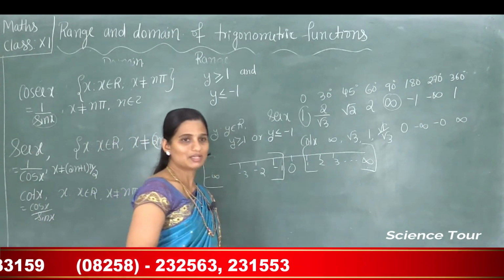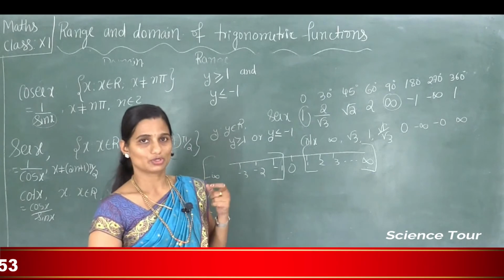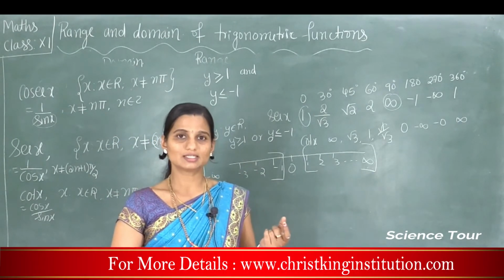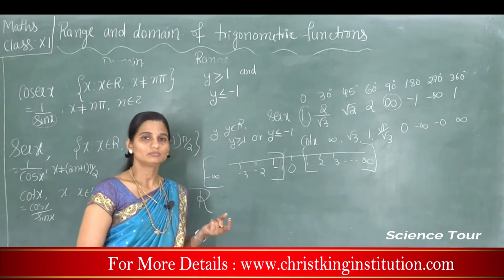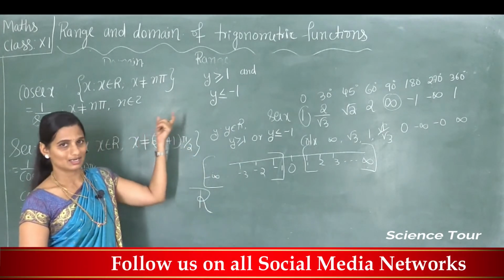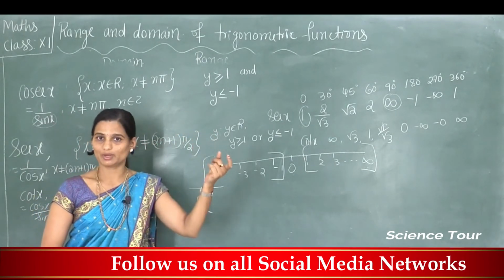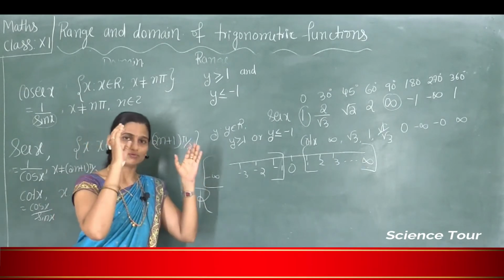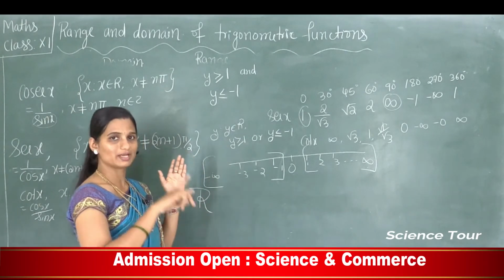So once again we recall the domain and range of trigonometric functions. First sin x. Sin x, the domain is what? Set of all real numbers. Any angle it takes. Range is minus 1 to 1. Whatever angle you give for sin x, the value of sin x is within minus 1 to 1, and it includes minus 1.